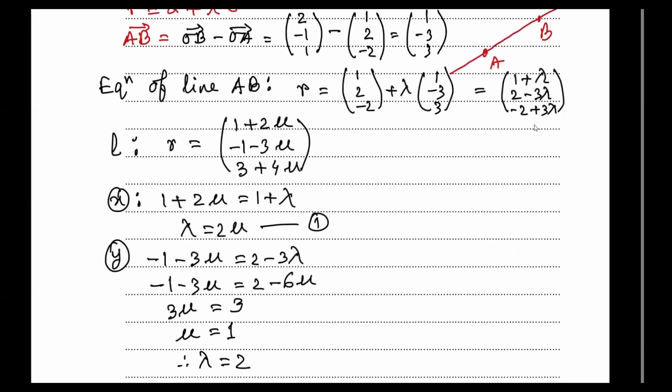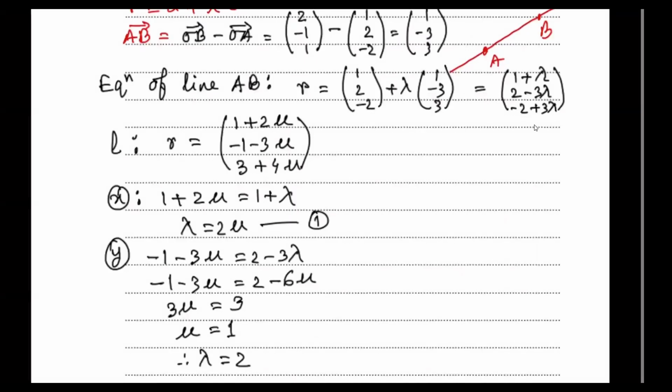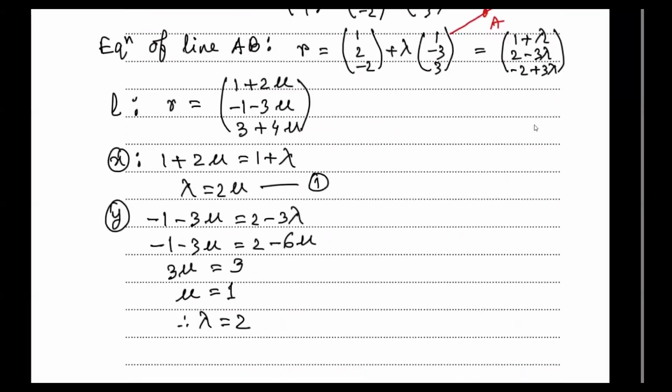Now we have to check whether this set of values of lambda and mu satisfy the third condition or not, because we have already equated x and y. Now you have to verify whether the z coordinates corresponding to these values of mu and lambda match or not. Z1, the z coordinate from line AB, is minus 2 plus 3 lambda, into 2, that is 4.